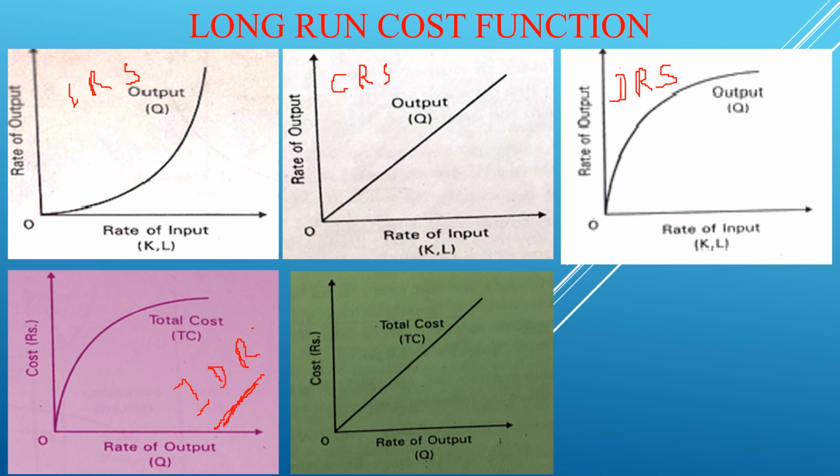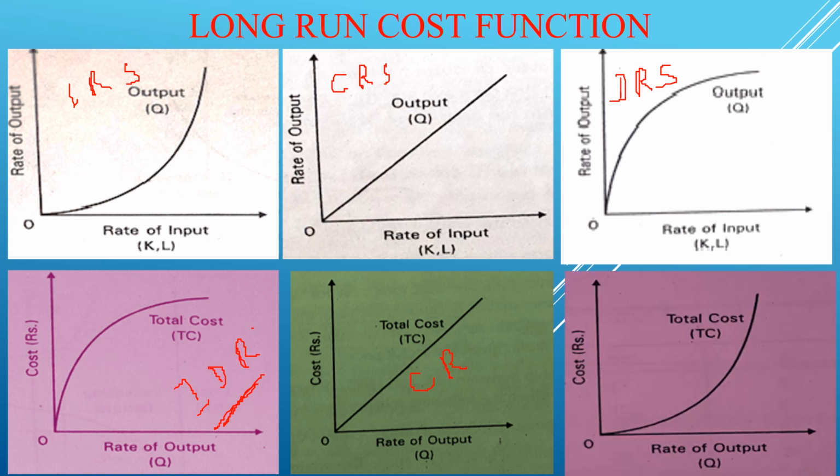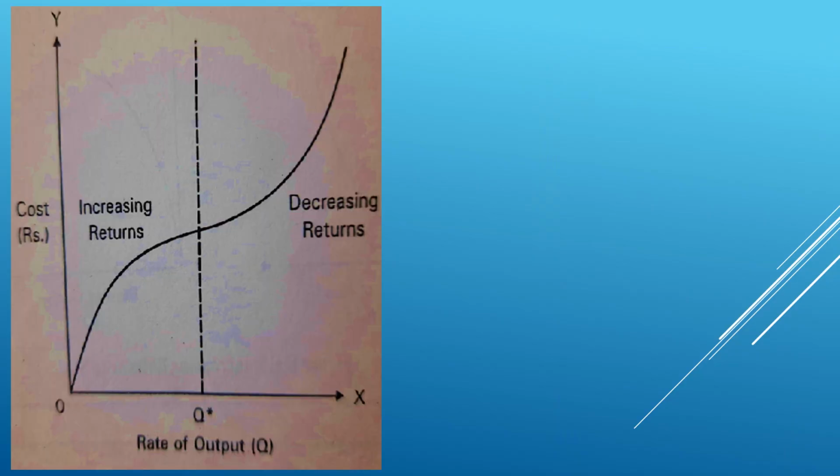In the constant case, it increases at a constant rate, whereas in the diminishing stage, you will find the cost increases at an increasing rate. It means whatever scenario you observe in the production function, the same you will observe in reverse form in the long run cost function. Your long run cost function will be at increasing returns, then you find the constant, then you find the decreasing returns. It is the long run cost function.